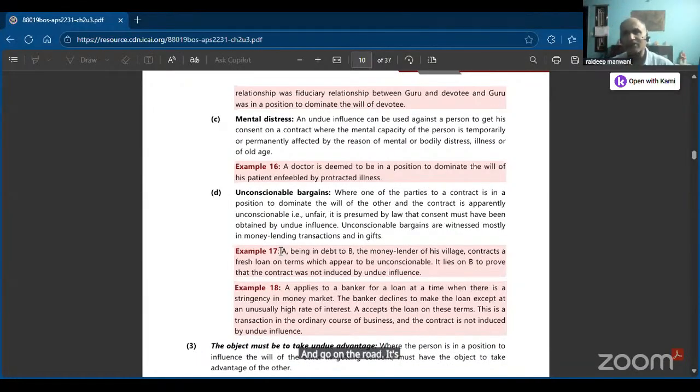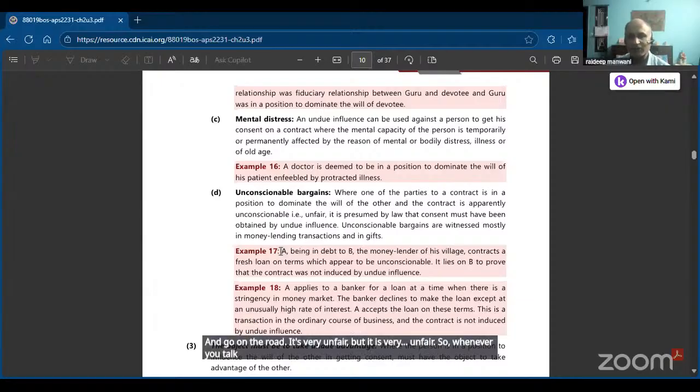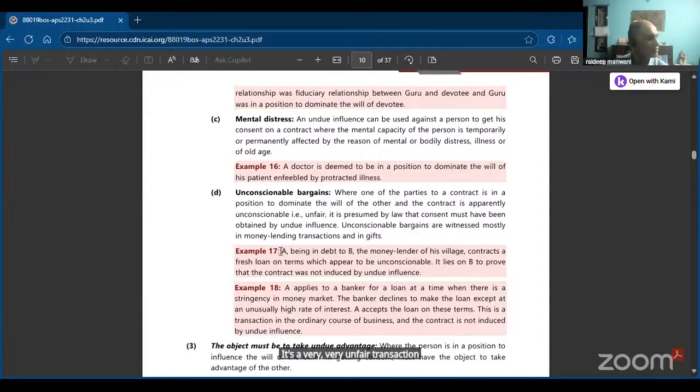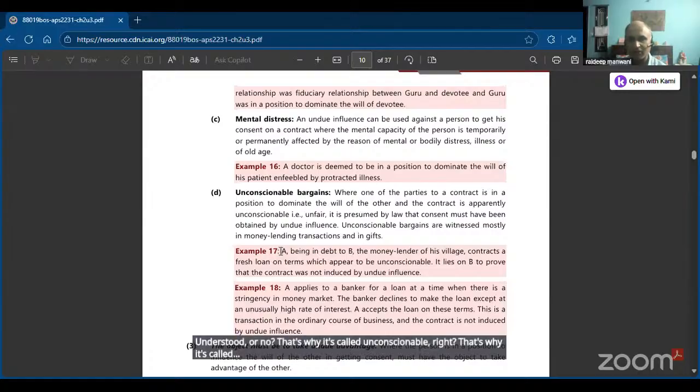It's very unfair. So whenever you talk about undue influence, it's an unconscionable bargain. It basically means that it shakes your conscience. It's a very, very unfair transaction. That's why it's called unconscionable. Are you getting what I'm trying to tell you?